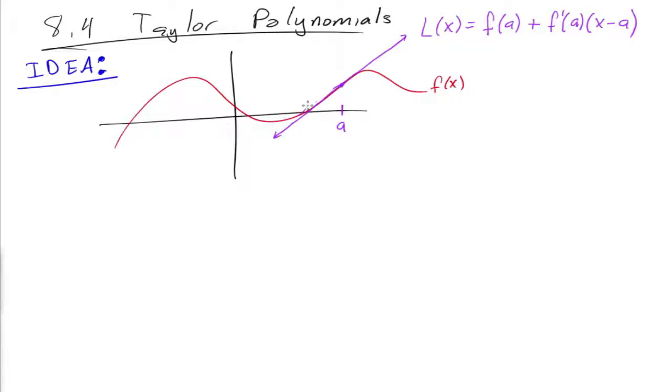So this is a polynomial. Do you agree? A polynomial of degree what? One, right? Because the x has a power of 1, and that's the highest power you have.